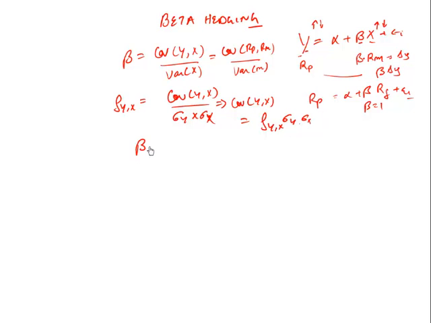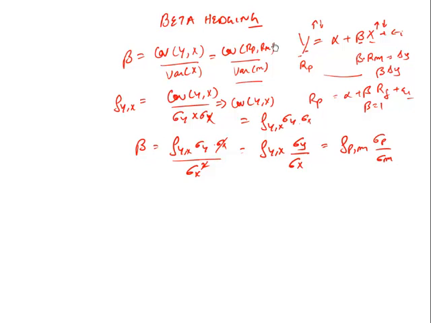So beta can be written as correlation of y and x, or correlation of Rp with the market, into sigma y into sigma x, and variance of x or variance of the market can be written as sigma x squared, or beta can also be written as the correlation into sigma y divided by sigma x. So the correlation of the portfolio with the market or the stock with the market into standard deviation of the portfolio upon standard deviation of the market is the same thing. Depending on what information is given, you will decide which formula to apply.